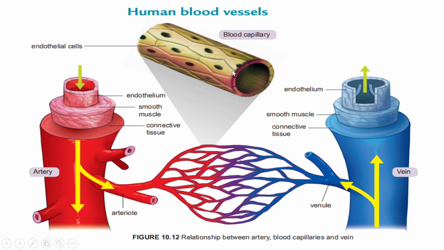That means it is very thin, and this is to enable the exchange of materials between the blood and the cells to happen at a high rate. And this is essential. So these smooth muscles are also the muscles that form the alimentary canal, and they can contract and relax involuntarily, unlike the skeletal muscles.